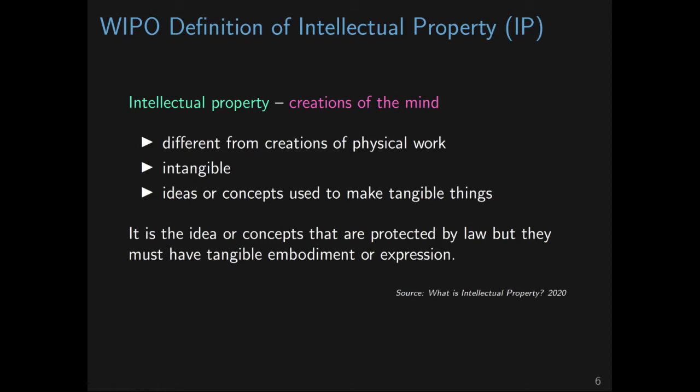So, for example, in the case of an invention, there is some technology or application of scientific principles in a bar of soap or a cell phone. What is protected is the set of ideas that are used to create the soap or cell phone and not the embodiment, which is the soap or cell phone itself.